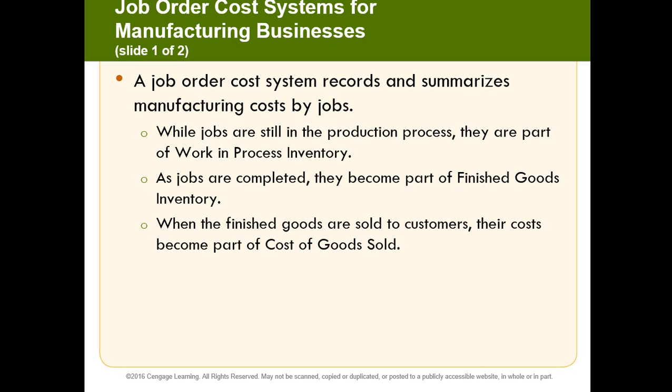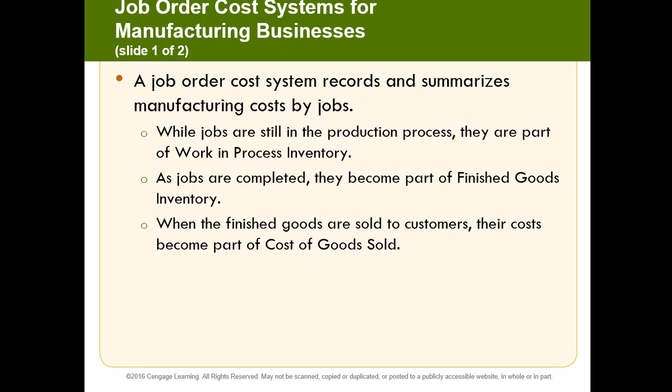They are sitting in your work in process inventory, and they keep accumulating any costs, whether more direct materials or any labor that gets added. They will absorb their share of overhead, all while they are being completed.